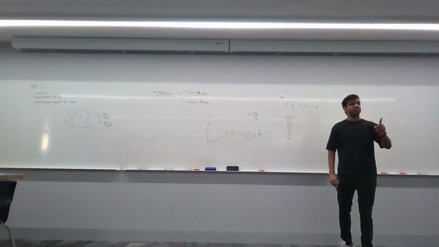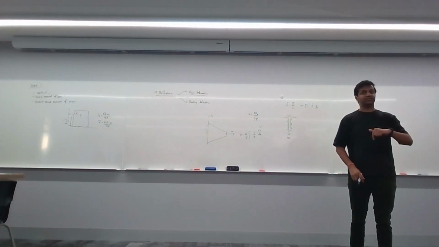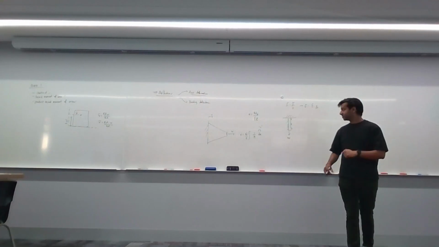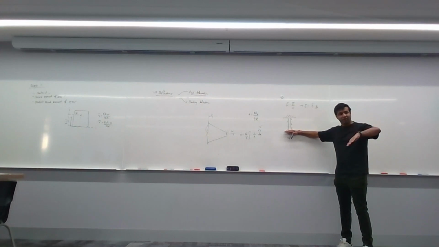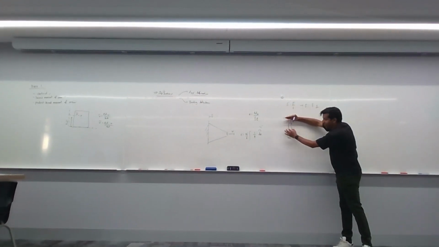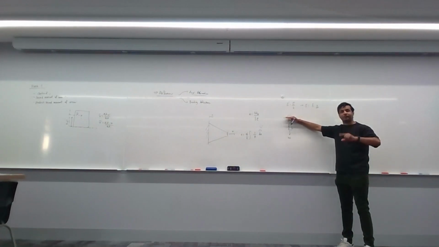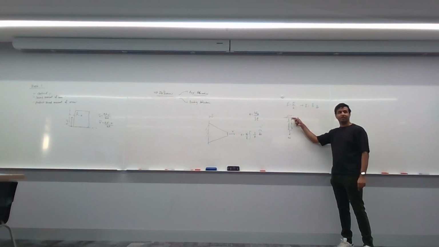Is the gravity constant? Yes, the acceleration due to gravity is the same, but the force isn't constant. Why? Because at this cross section, there's no mass below it, because I'm all the way at the bottom. There's no mass below it, which means there's no weight. At this cross section, yes, there is weight. In fact, there's weight of everything below it. So the weight of this shape changes from this point all the way to this point.